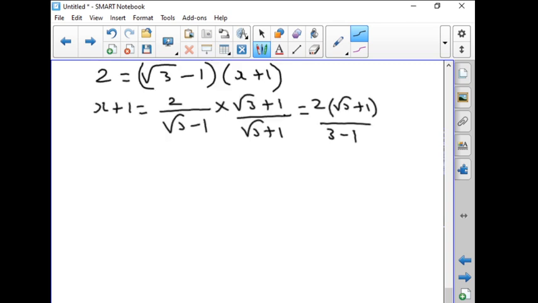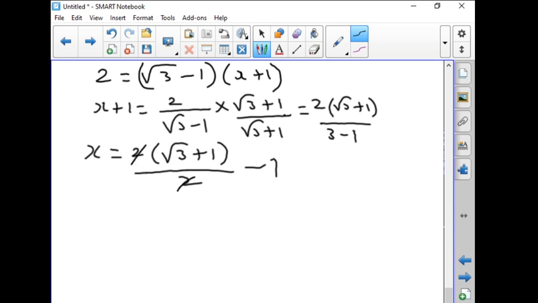So x is equal to 2 into root 3 plus 1 by 2 minus 1, plus 1 from left hand side we are taking to right hand side. So 2 gets cancelled. So we get x is equal to root 3 plus 1 minus 1, which is equal to root 3. Okay. So the value for x is root 3.